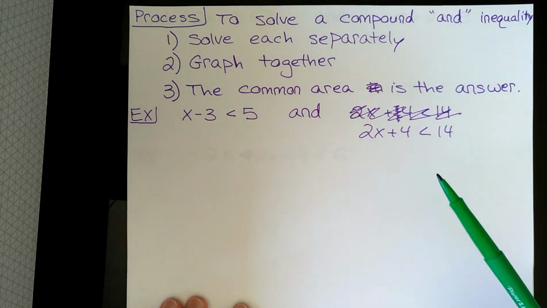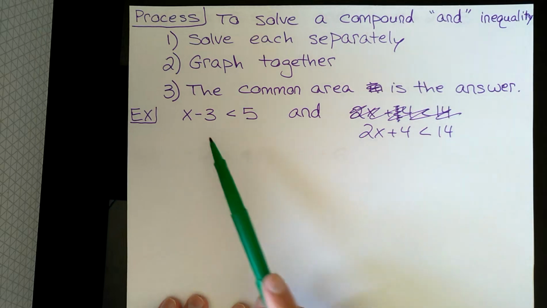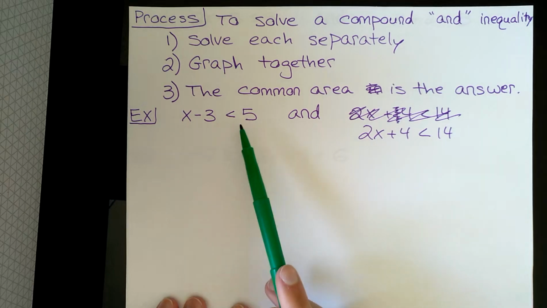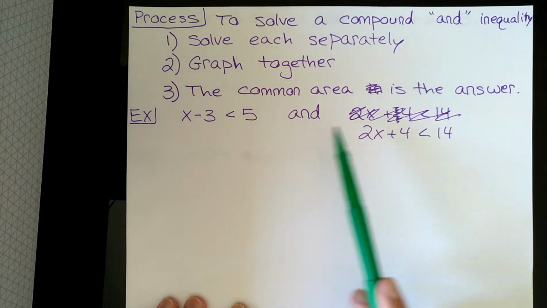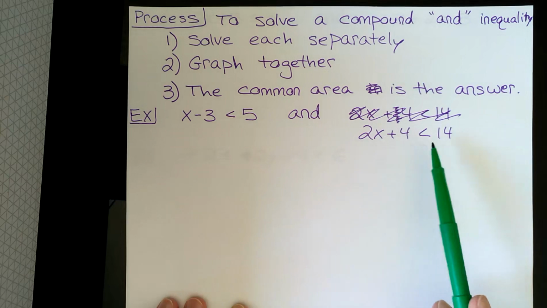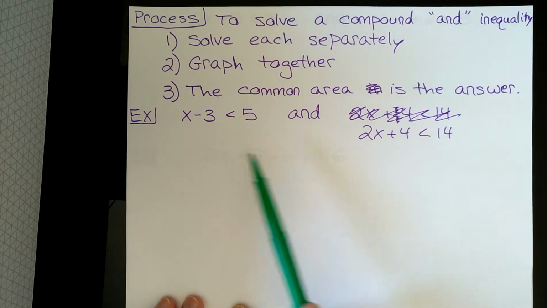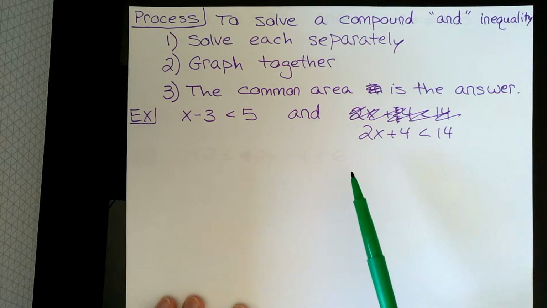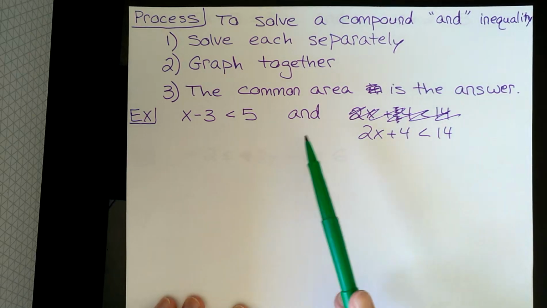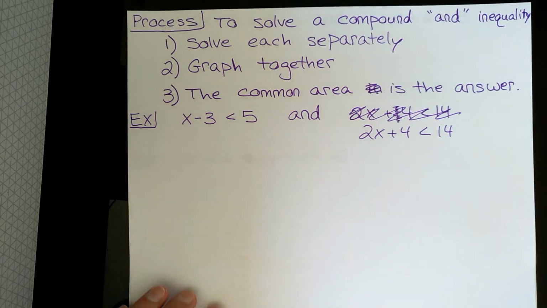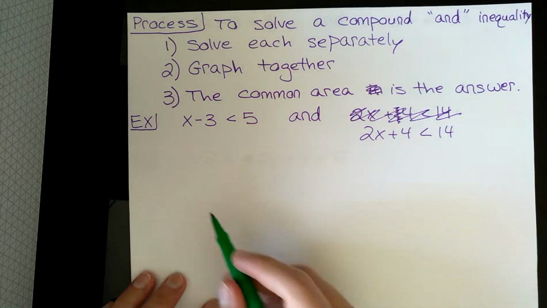So what does a compound "and" inequality look like? Well, say you have something like x minus 3 is less than 5 and 2x plus 4 is less than 14. So both of these statements are happening at the same time, and they both must be true at the same time because of that "and." So let's go ahead and solve these.